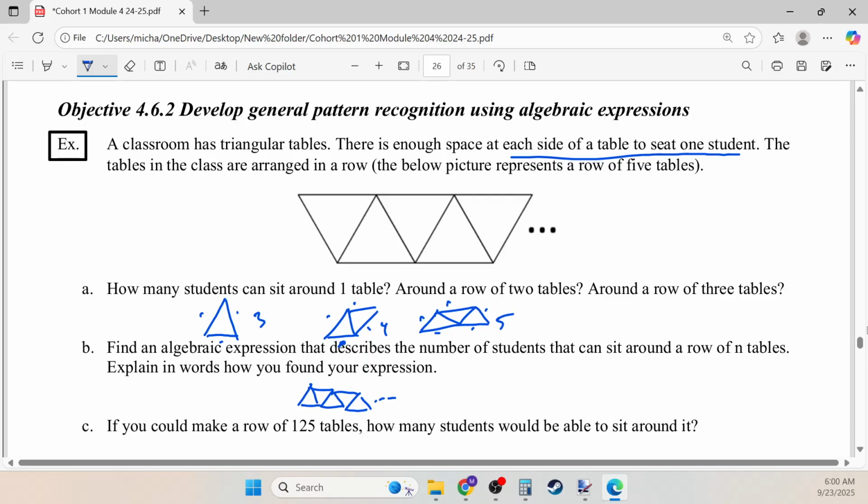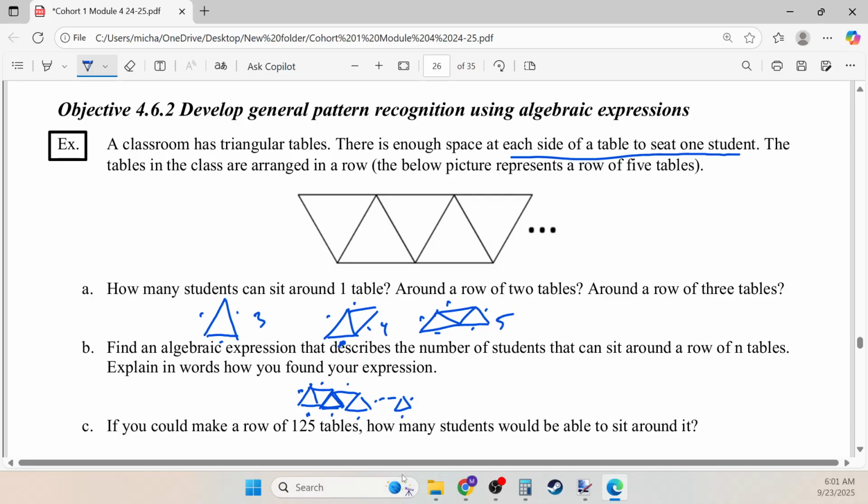So we have n tables like this. We get to have 2 people on this end table, and then each table in the middle only allows for one student at the table. When we get to the last table, we get to have 2 students at the end of that one.